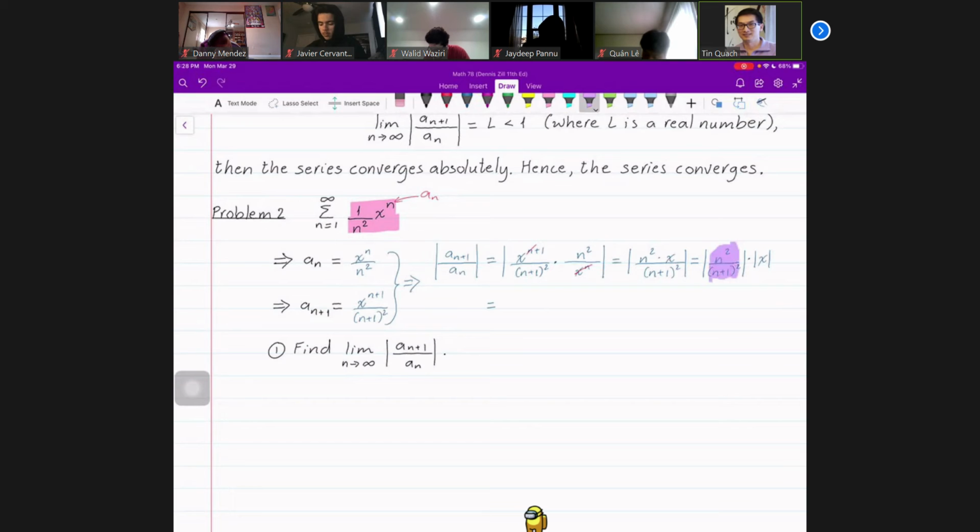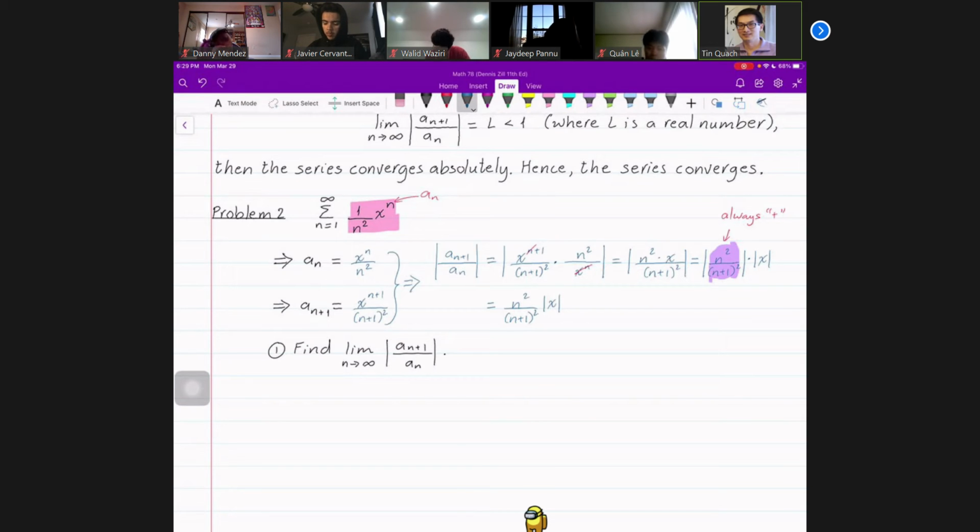So what you have is n squared over n plus 1 quantity squared, and then now x, we don't know. So you better keep x inside the absolute value. So that is the absolute value of the ratio.